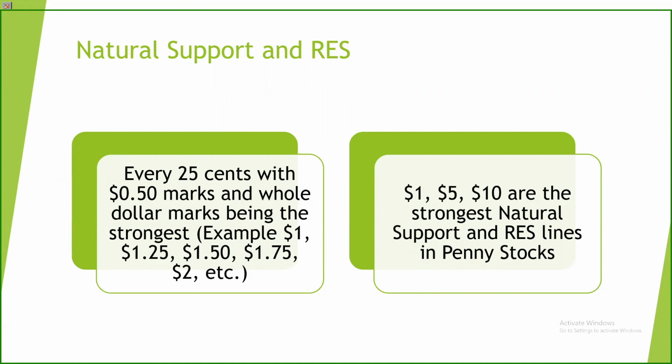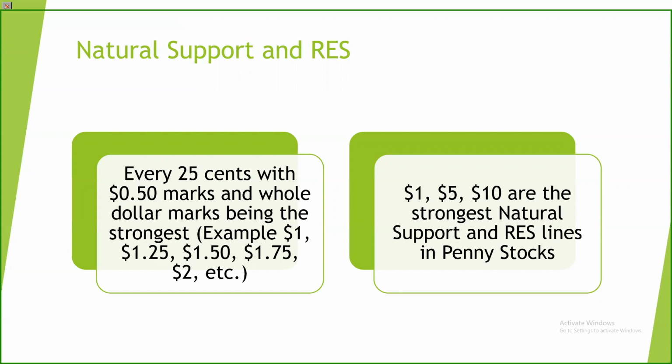Those are going to be natural resistance lines. What we have here is every 25 cents, with the 50-cent marks and the whole dollar marks being the strongest. Example: $1, $1.25, $1.50, $1.75, $2. These are what we call natural support and resistance lines.